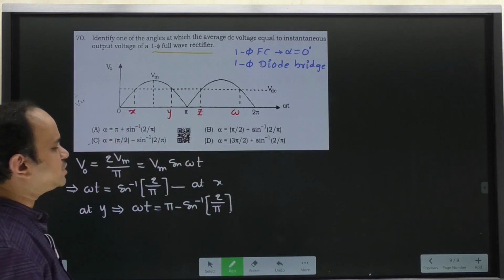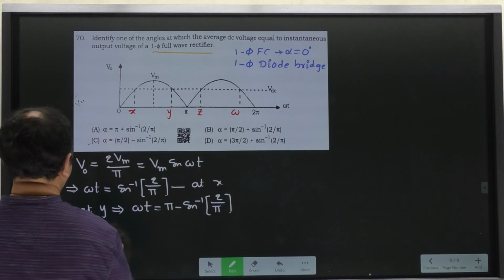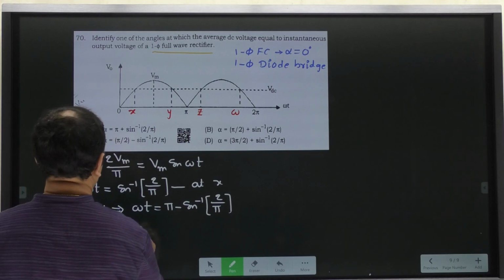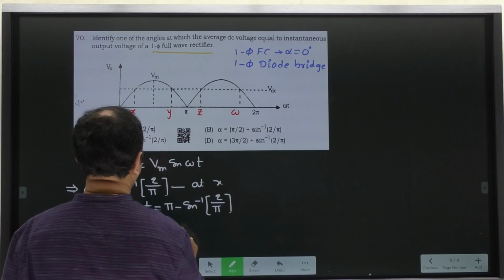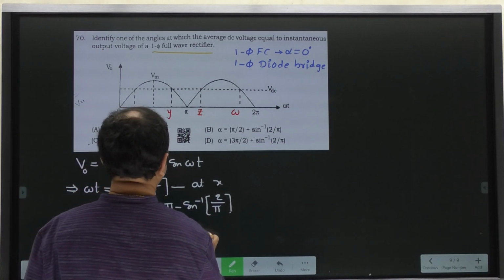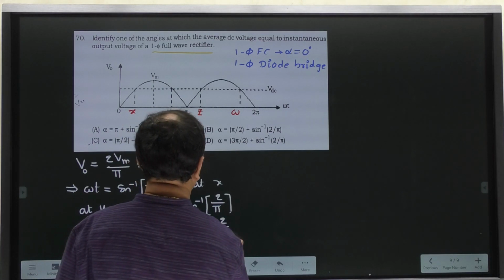This answer is also not there. Next, at point Z, what is the angle? Omega t is equal to pi plus sin inverse 2 by pi.